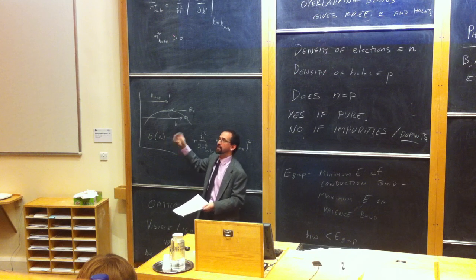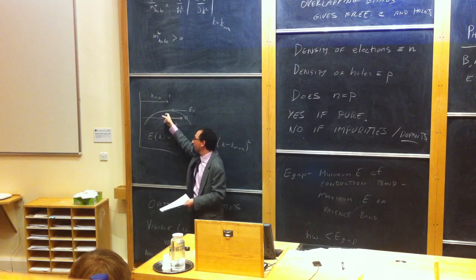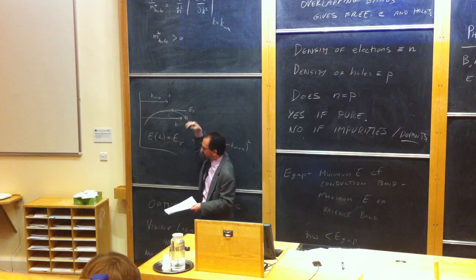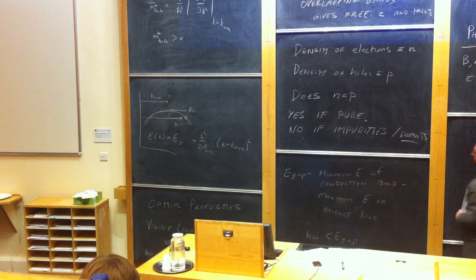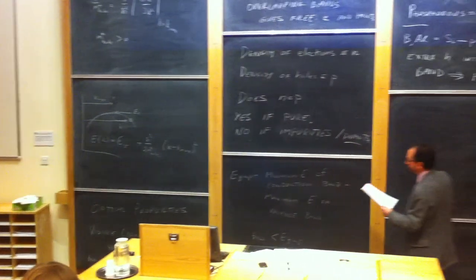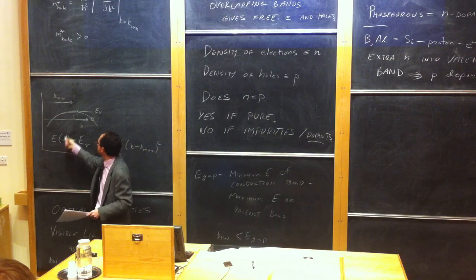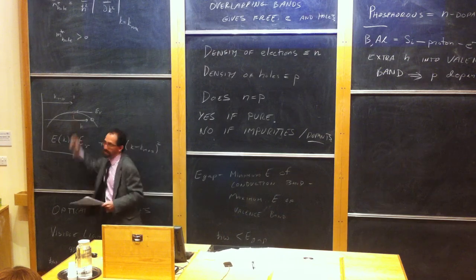So the absence of an electron wants to be at the top of the band. It takes an increase of energy to push the hole down into the valence band. So with this equation, the energy is actually increasing as you take k away from its favored position here.